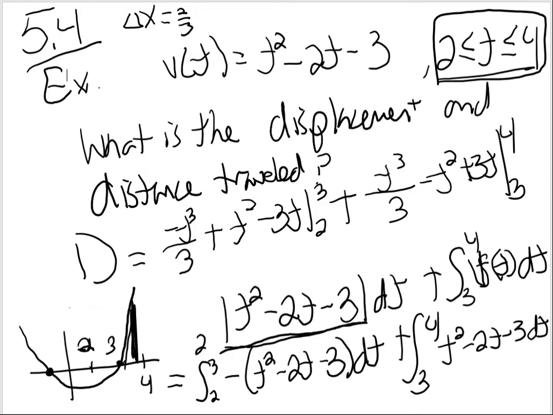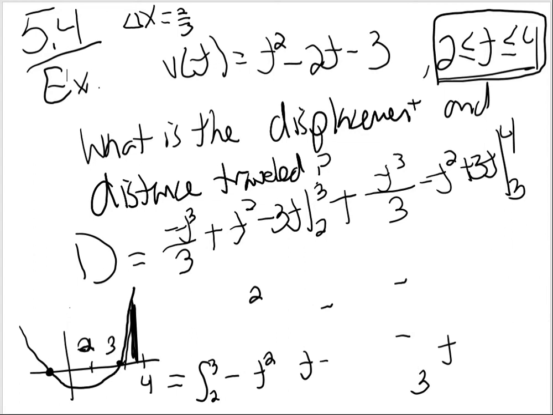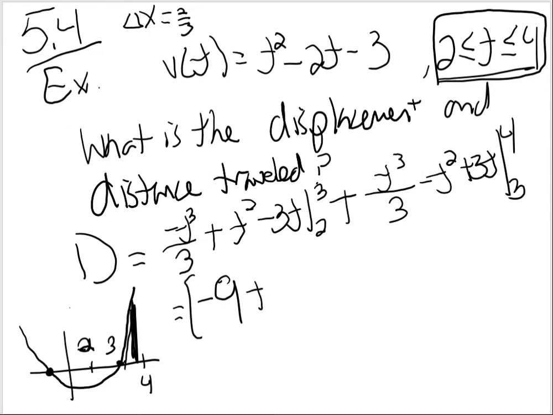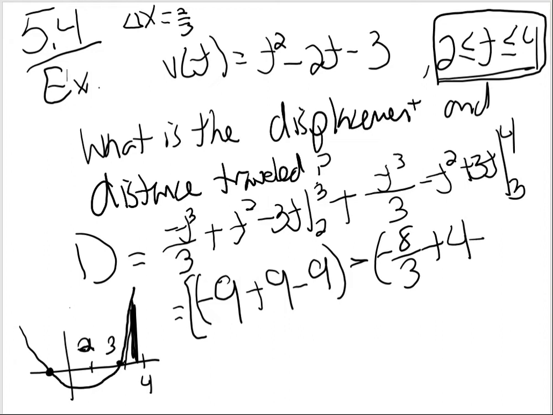And we can calculate this, and what do we get? Well, it will be negative 3 cubed is going to be 27 divided by 3 is 9, plus 3 squared, which is 9 again, minus 3 times 3 is 9, and then you subtract, evaluating at 2, so negative 8/3, and then plus 4 minus 6.